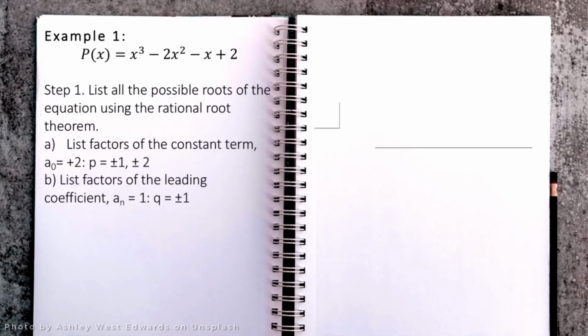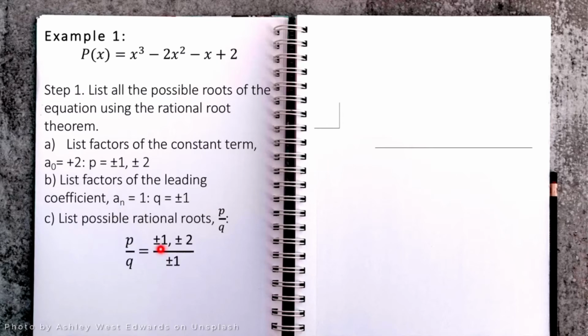Then, list the factors of the leading coefficient. The leading coefficient is here, the invisible 1. Therefore, the factor of 1 is 1, which is positive negative 1. And then, list the possible rational roots, p over q. We're going to divide all the factors of the constant term by all the factors of the leading coefficient.